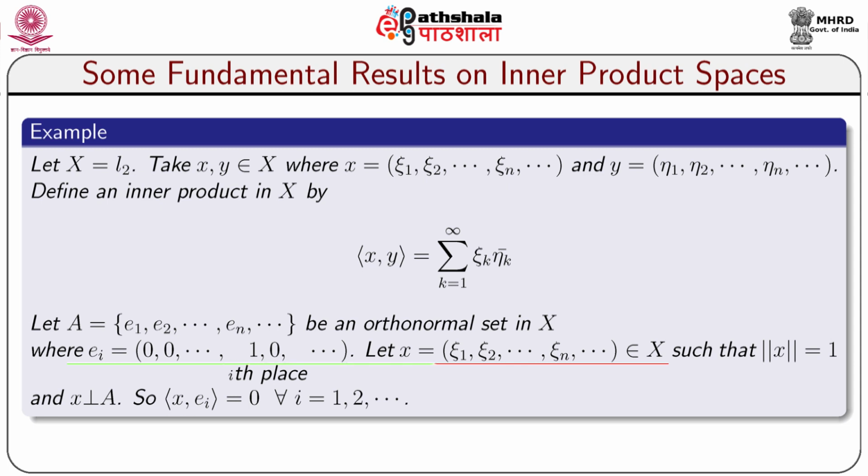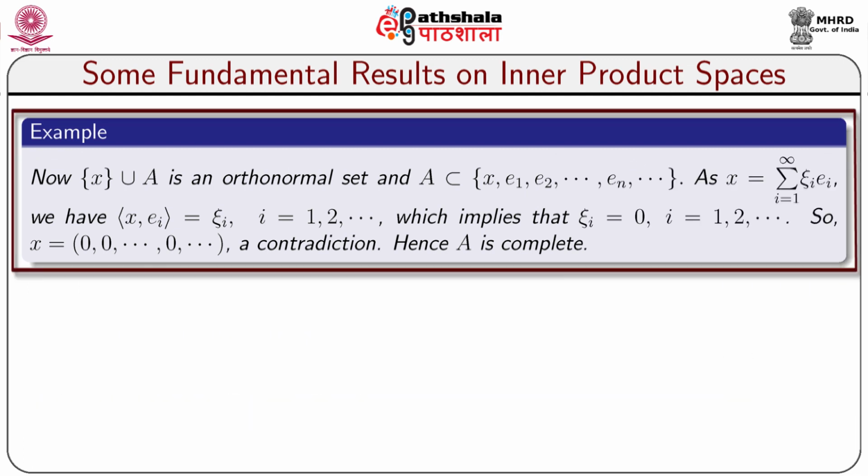Let x equal to the sequence xi 1, xi 2, ..., xi n, ... belong to capital X such that norm of x equals 1 and x is perpendicular to capital A. So, inner product x comma ei equals 0 for all i equal to 1, 2 and so on. Now, the singleton set {x} union capital A is an orthonormal set and A is a subset of the set {x, E1, E2, ..., En, ...}, as x is equal to sigma i equal to 1 to infinity xi i into Ei.